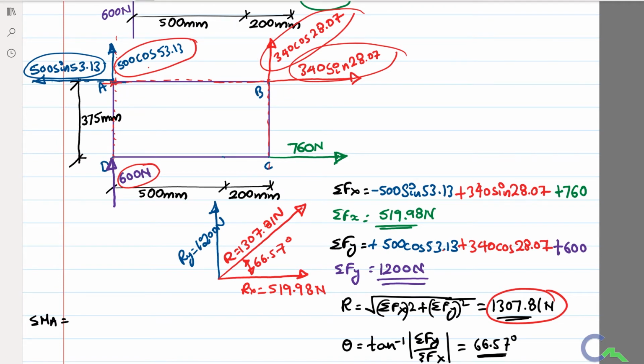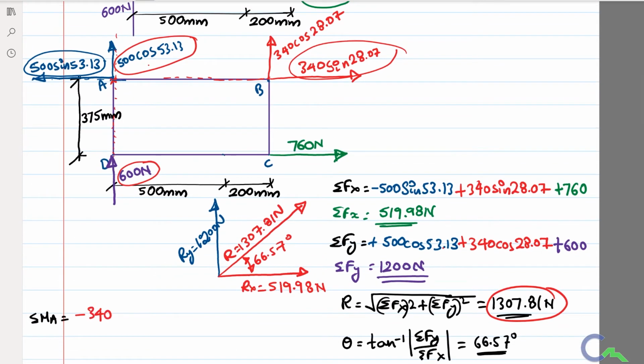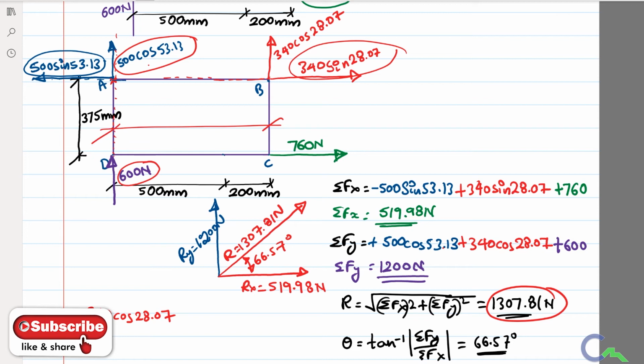Therefore, I will take that as minus 340 cos 28.07. Now perpendicular distance, that is 700 mm.